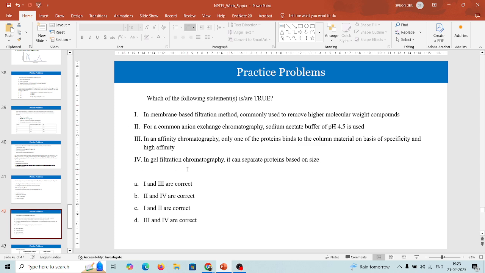In gel filtration chromatography, it can separate proteins based on size. Which of the following is or are true? B, D.